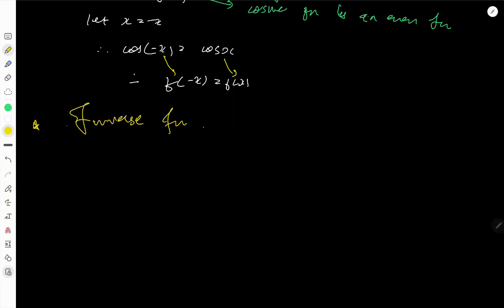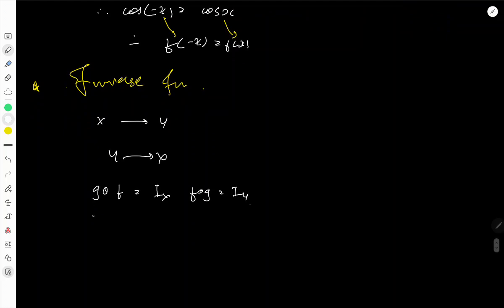A function f from x to y is invertible if there exists a function g from y to x such that g of f is equal to ix and f of g is equal to iy.